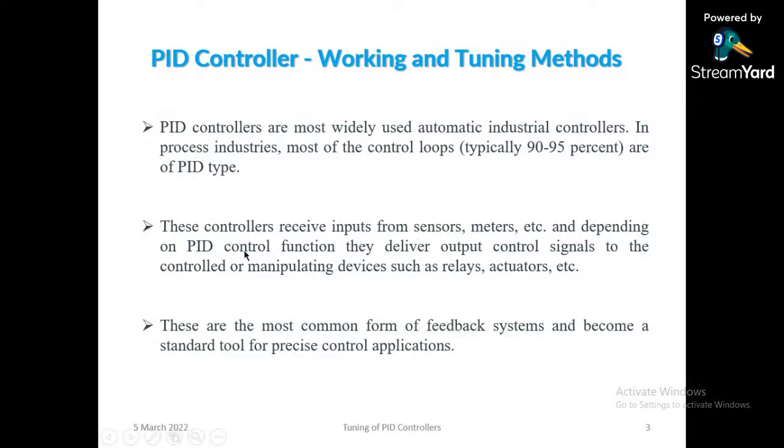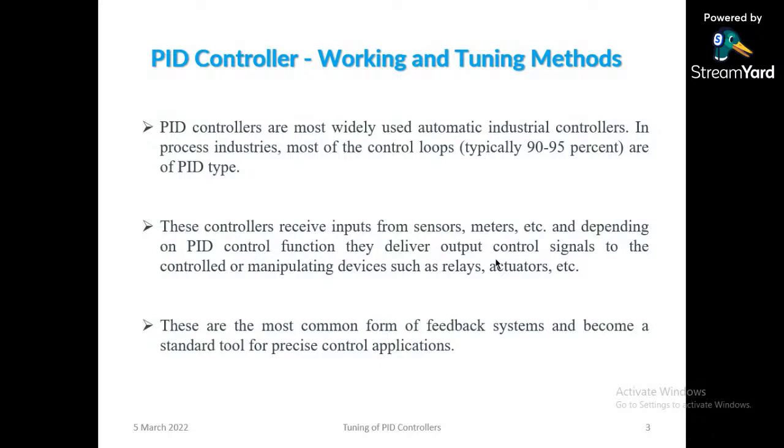Now, depending on the PID control function, whether you are using P or I or D or any combination, they deliver the output control signal. Okay. So just imagine a PID controller block is there. The input to that block is the sensor output. Okay. Now the output produced by that PID controller will be based on which type of controller you are using.